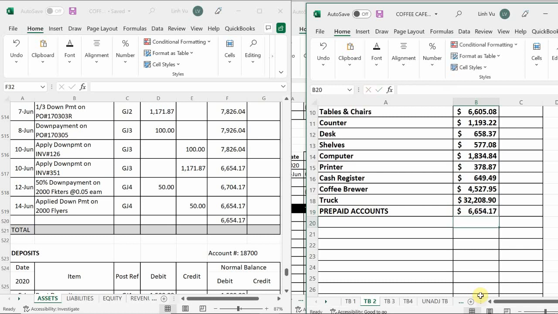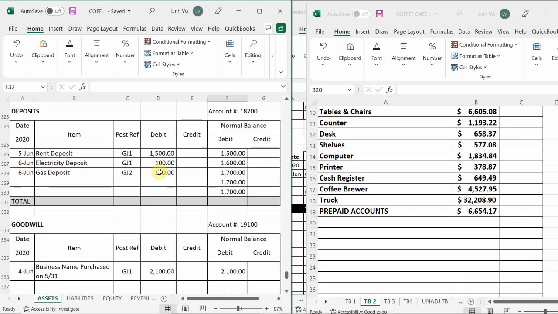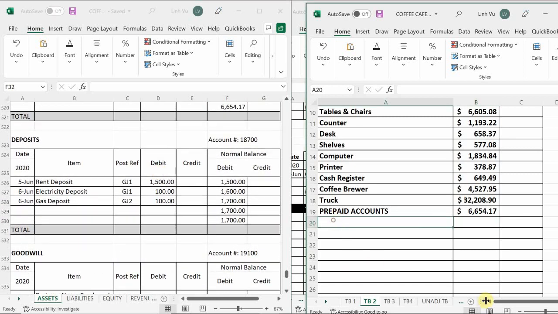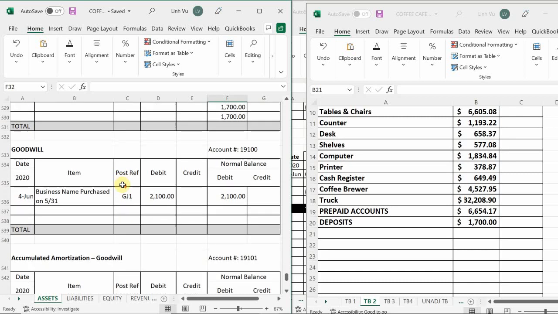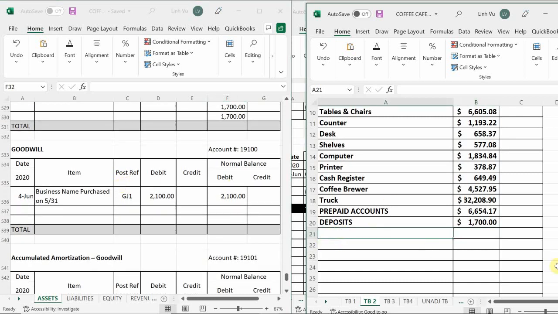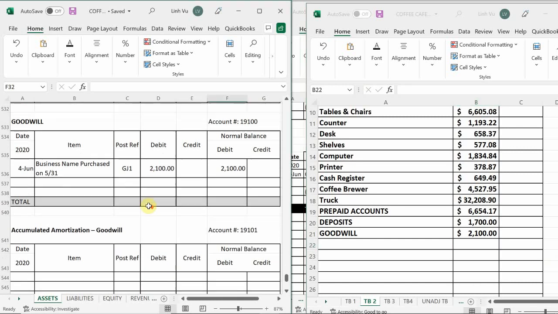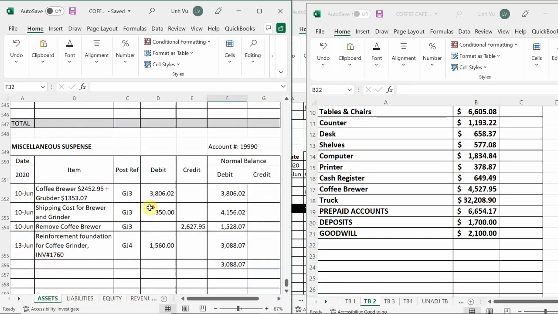$6,654.17. Good. All right. We have some deposits for $1,700. We have goodwill at $2,100. Last but not least, miscellaneous suspense.